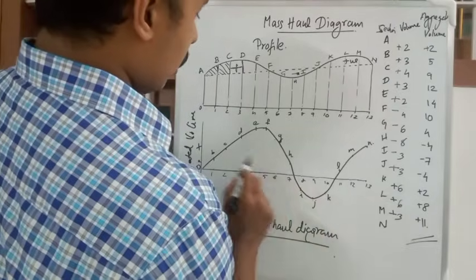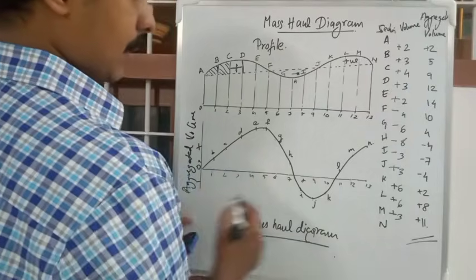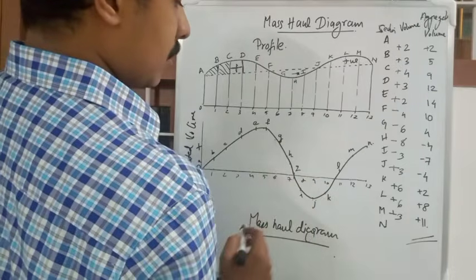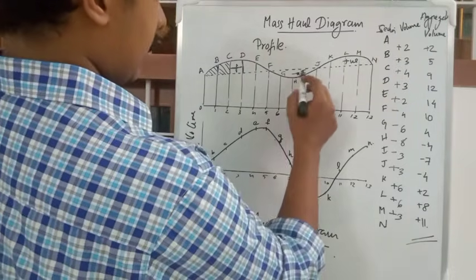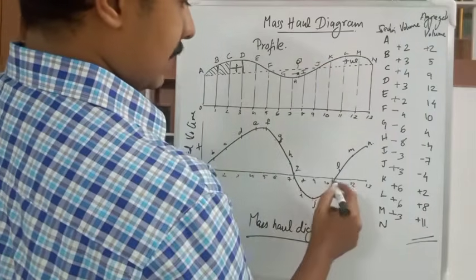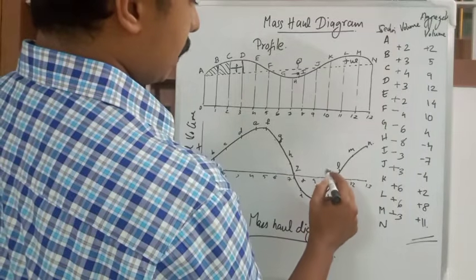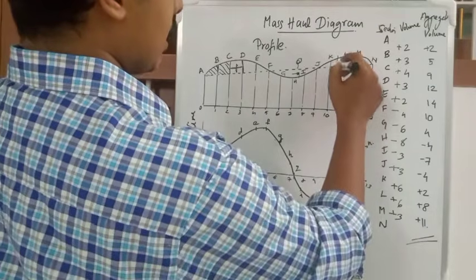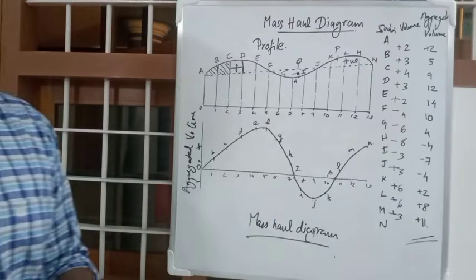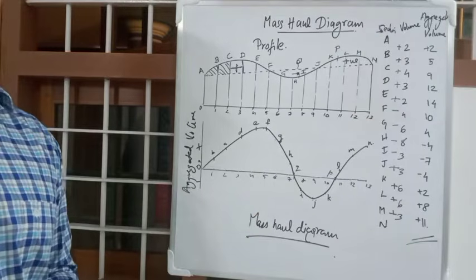The point where this mass Howell diagram crosses the balancing line will be termed Q, small letter q. It is this point, and the corresponding point in the profile diagram will be marked as capital Q. And the same thing, when it crosses back, will be termed p, and capital P here. Okay, so now we have completed the construction of the mass Howell diagram.